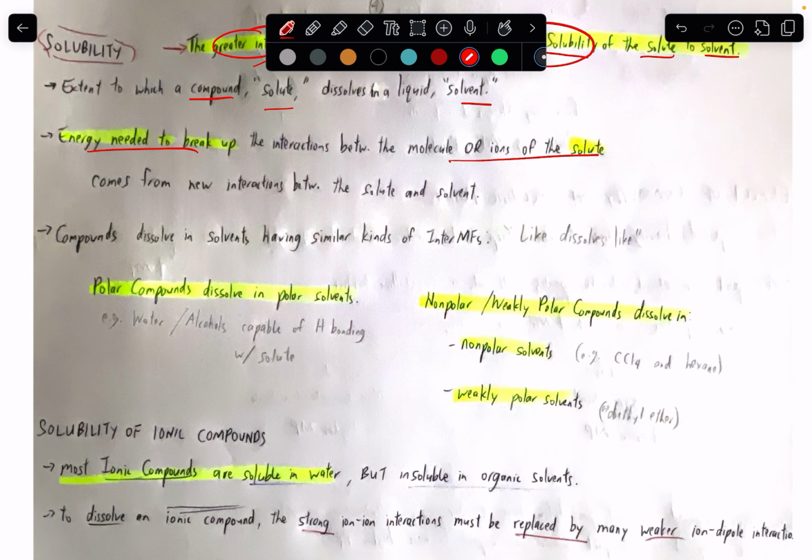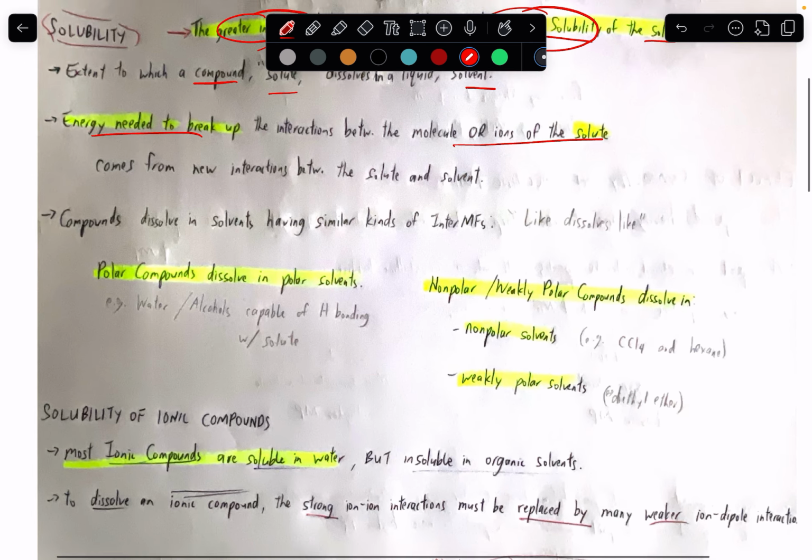So, it's just another way of saying na, kunyari, we have salt. We want to basically dissolve it. Yung molecules or ions of the solute, it has to be broken down. So, magkakaroon ng new interactions between the solute and the solvent.